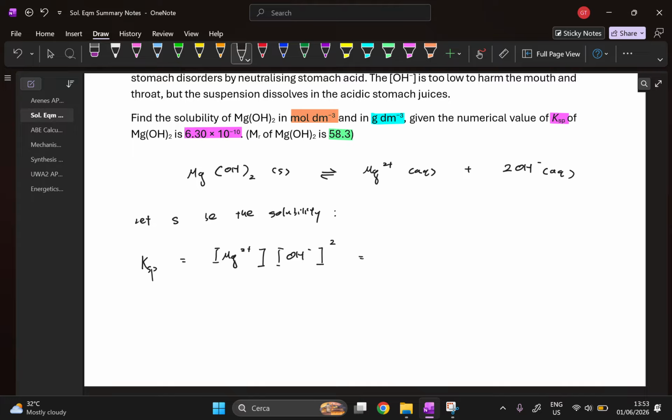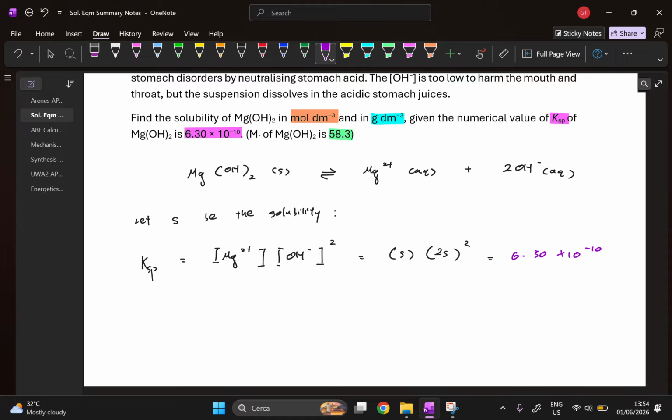So if I let S be the solubility, then this is going to be S times 2S squared. And we are given that this is 6.30 times 10 to the power minus 10. Now why is this the case, people? Because if you think about it, the solubility is just when I dissolve a certain amount of Mg(OH)2 in water to form an aqueous solution.